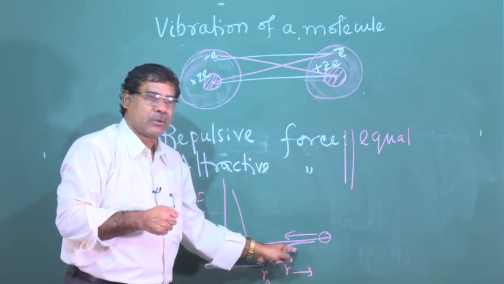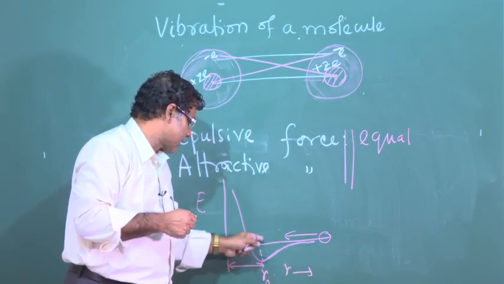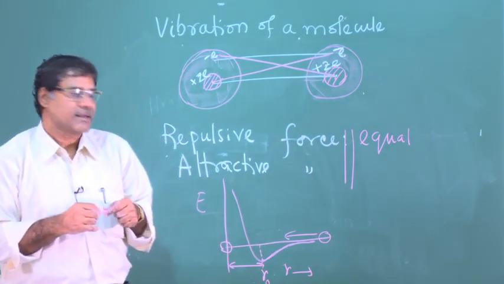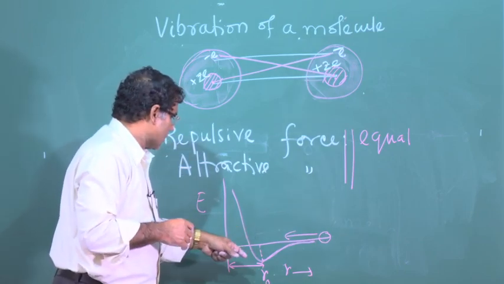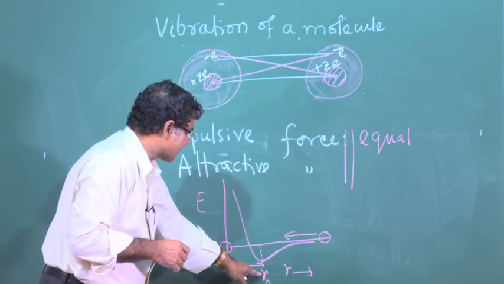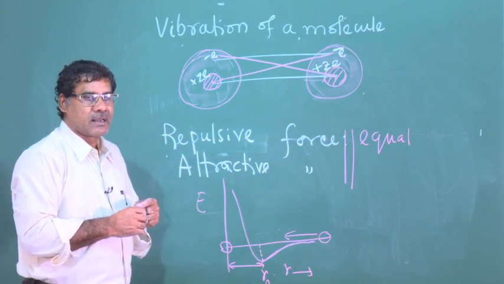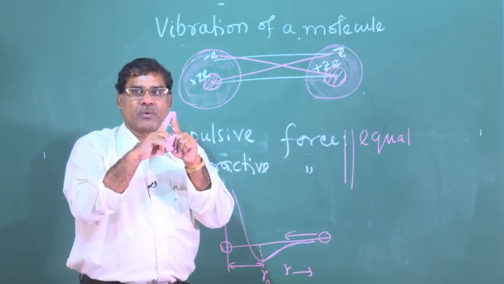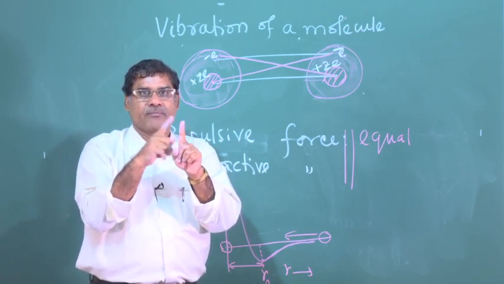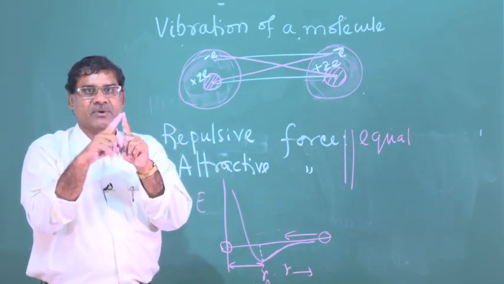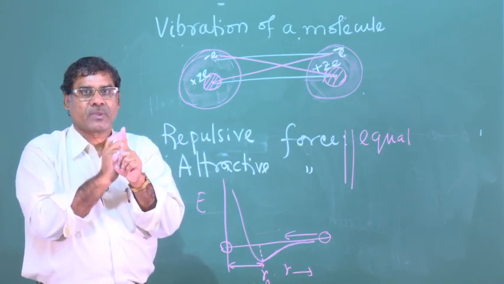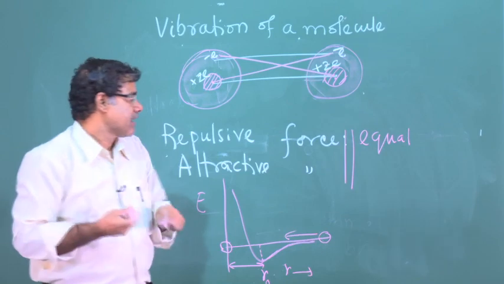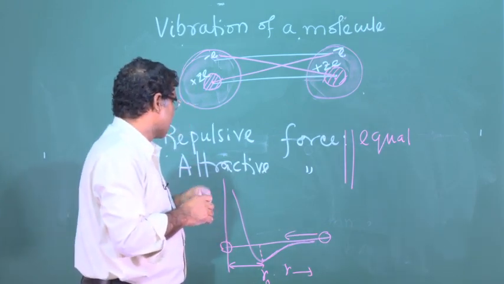So, this energy change is not symmetric, it is asymmetric. R0 is the equilibrium distance. From the equilibrium distance, if you change the distance, then its energy will change.